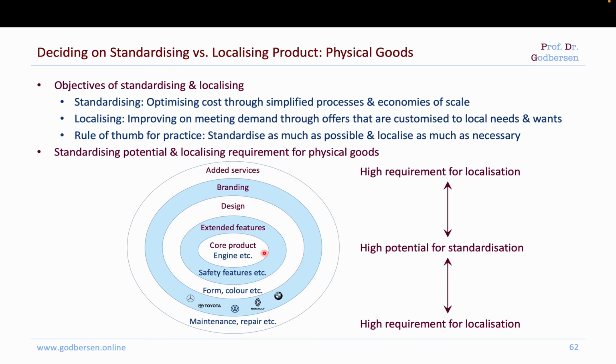So the core product, typically speaking, there might be the odd one out, there you have a high potential for standardization. The further you go away from the core product, through extended product design, branding, added services, the more you need to localize and adjust to the specific conditions and needs and wants of your target market.